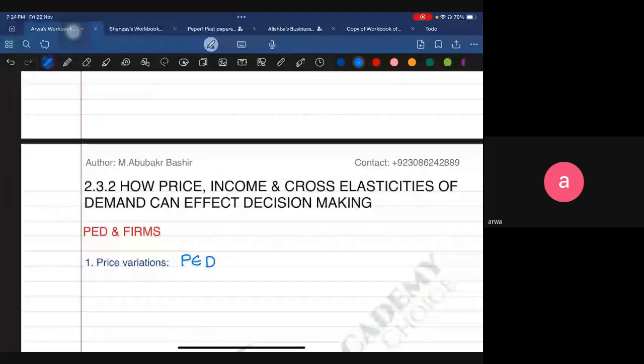If the price elasticity of demand is elastic, they will be able to see how price variations can help the firm. If the price increases, they know that there's a high demand, so their product would generate more profit. If it is inelastic, that means there's not much change in the quantity demanded, so in some ways it can be a guaranteed profit area.